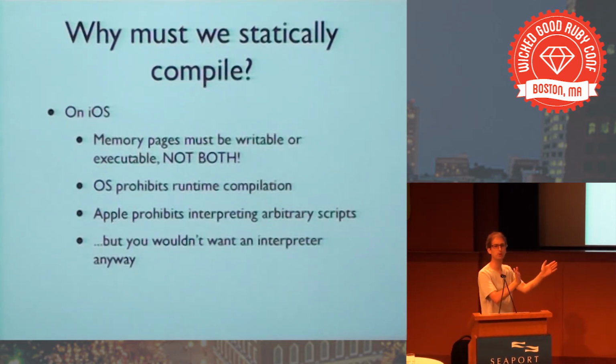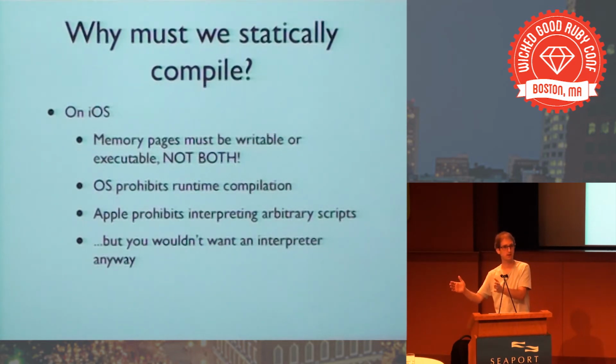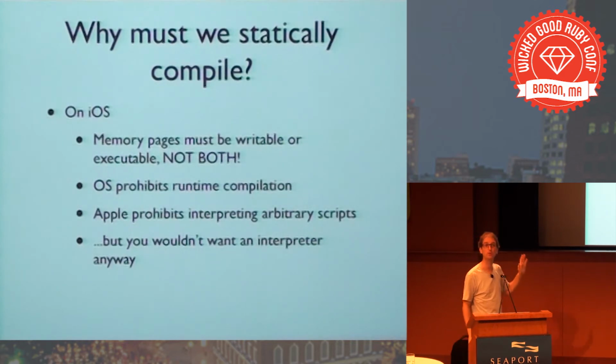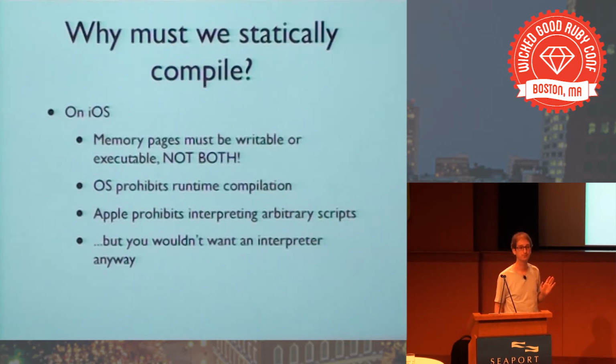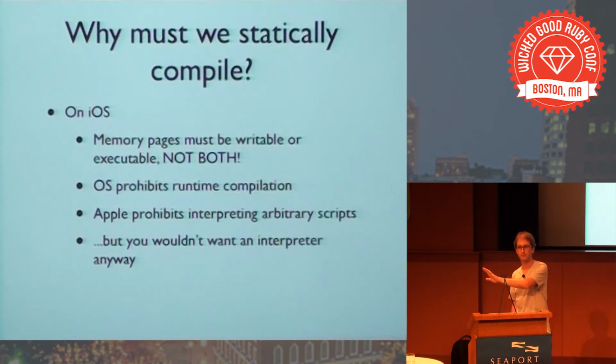So after you've set a program off running, you have to say, this is all the code that I'm going to run, and this is all the memory that I'm going to write to and read from. But never the twain shall mix. So the OS actually prohibits us from doing runtime compilation. You can't eval by writing code into memory.